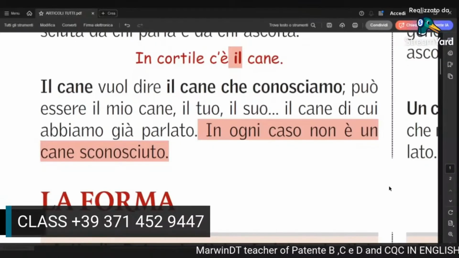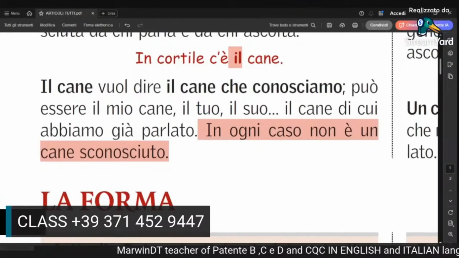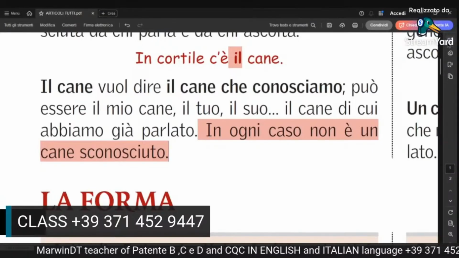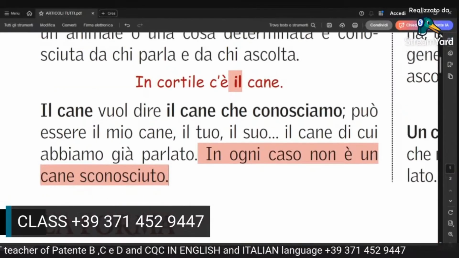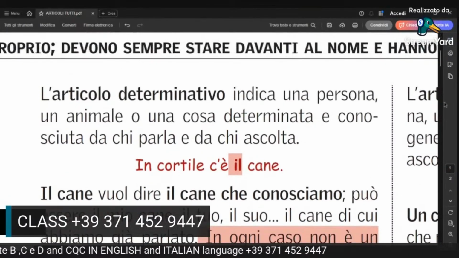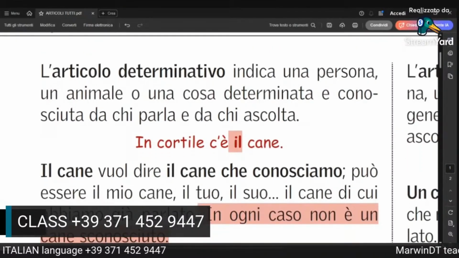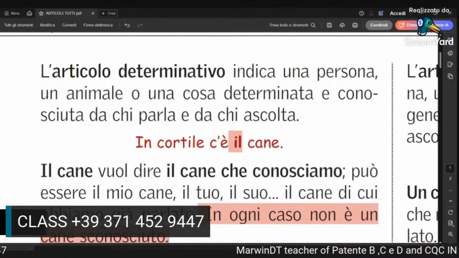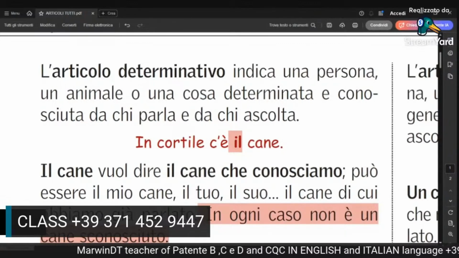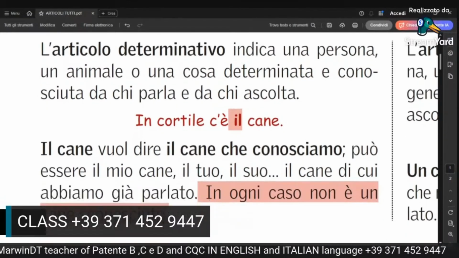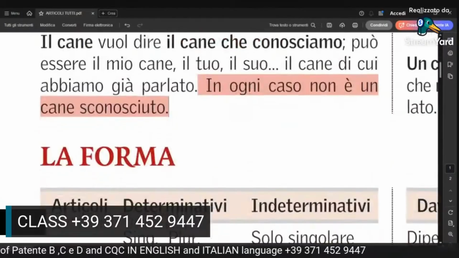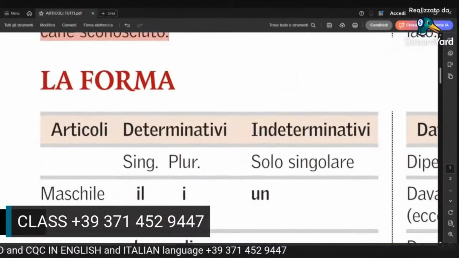So after you have understood this explanation concerning the first type of article, which is articolo determinativo, an article that points out something specific, a number, a quantity, or a name of something that we know. Okay, it's very important that you understand that. Very good.